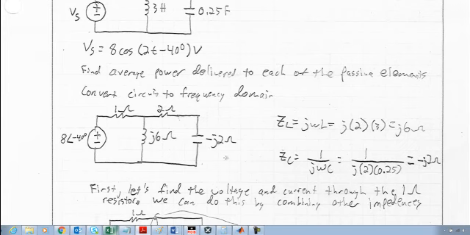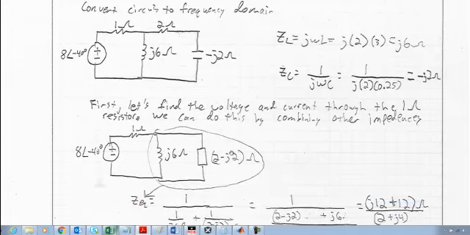They have the same units, they're now in ohms. And so I'm going to take the voltage that is across the inductor and say that is divided proportionally, just like a voltage divider, across the 2 ohm resistor and the negative J 2 ohm capacitor.